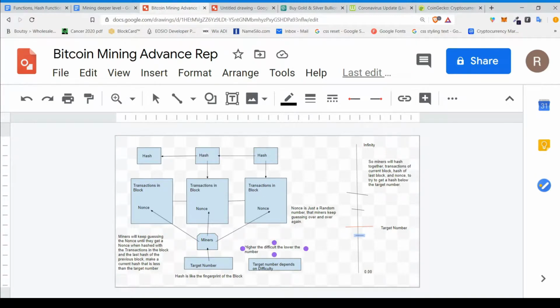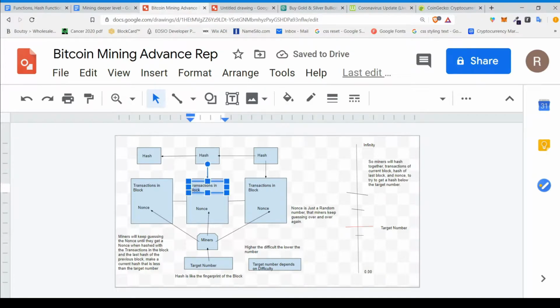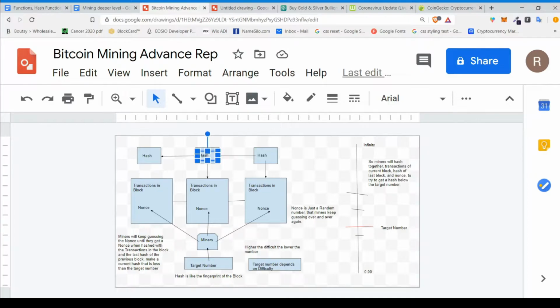I hope that helps you understand it. And pretty much, if one transaction is changed in this previous block here, then it would completely change the hash, and thus it would not be accepted. The only way you could get it to be accepted is if you had 51% of the entire network's mining ability behind you.